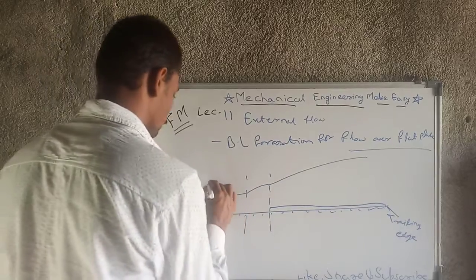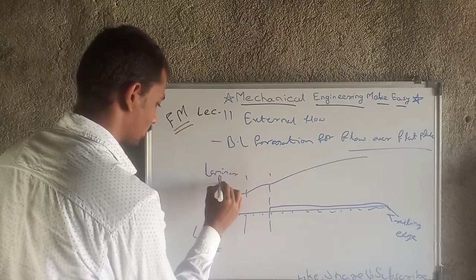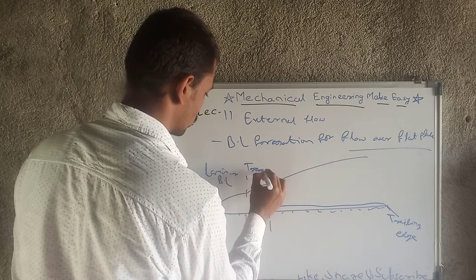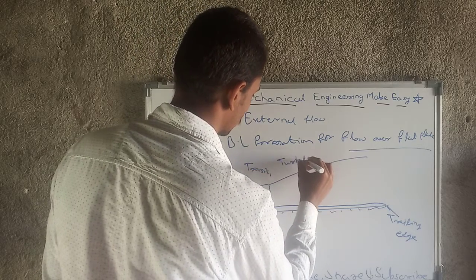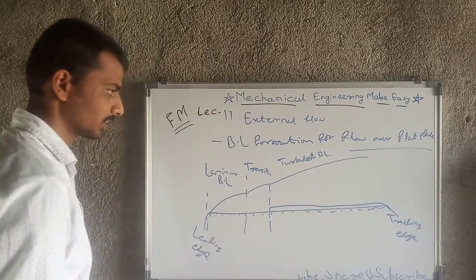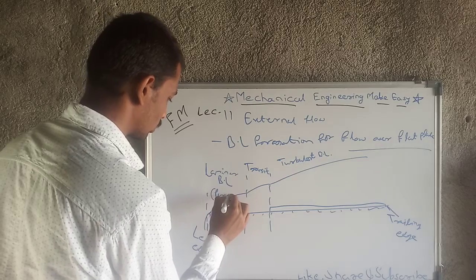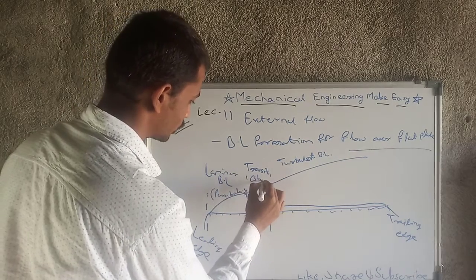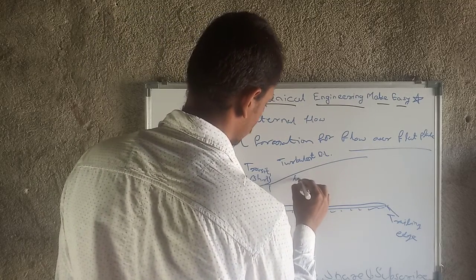So this is the laminar boundary layer, this is transit, and this is the turbulent boundary layer. What exactly is the profile? It is parabolic, then a very short profile, and then a logarithmic profile.